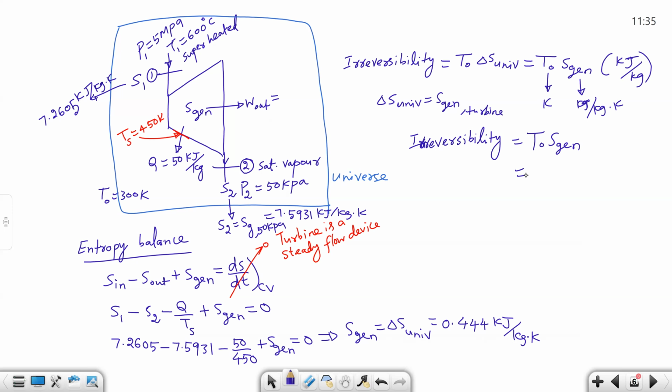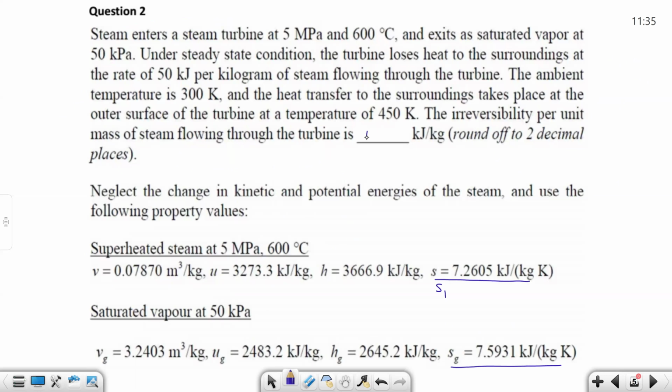T0 is 300 Kelvin, times 0.444, which is 133.2 kilojoule per kilogram. So this is the answer, irreversibility. 133.2 kilojoule per kilogram is the irreversibility.